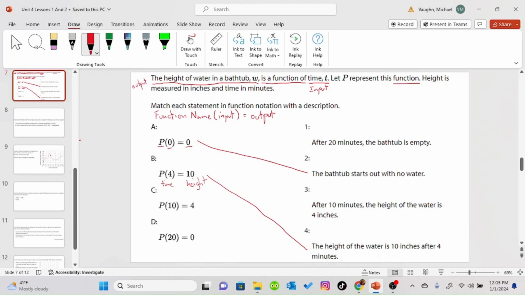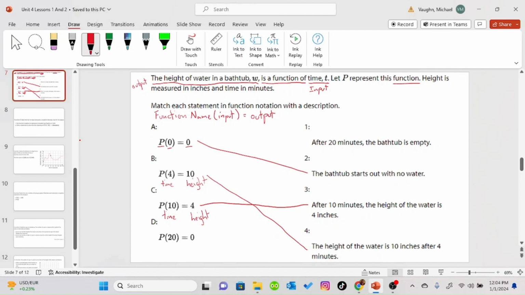C, our input is inside the parentheses, and our input is time. And our output is height. So now I want a height of 4 with a time of 10, and that matches number 3. 10 minutes and 4 inches.